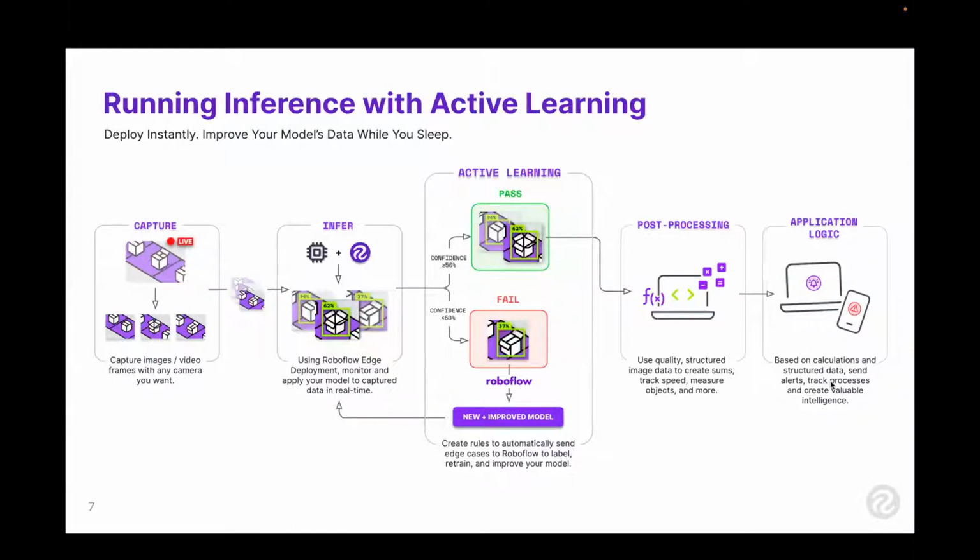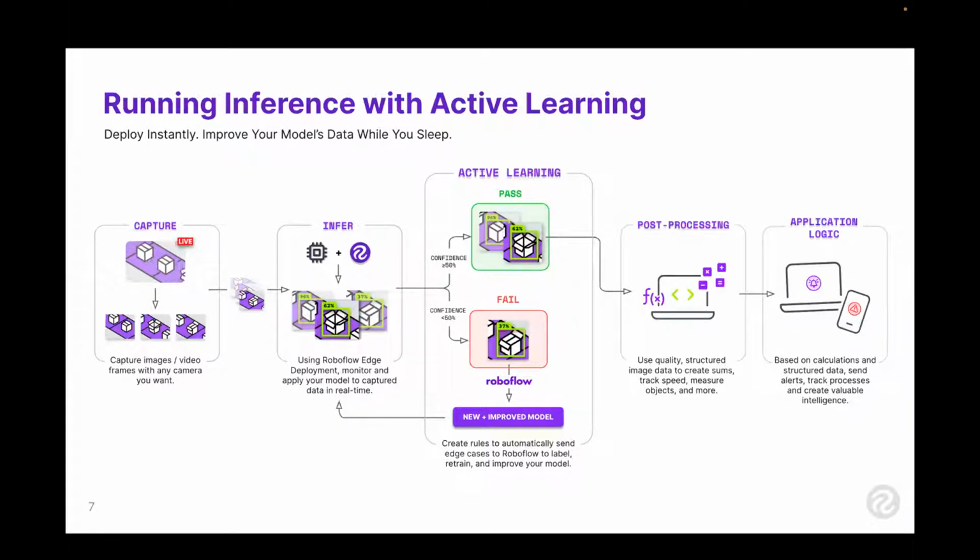And this is the last piece that I like to highlight, the active learning pipeline. Many people probably know what active learning is, but it's the ability to automatically improve your model over time. This is something we really lean into at Roboflow, right? You're capturing images, as you can see, and you're inferring them. And you're saying, okay, if this image is good, maybe you set a threshold of 50% confidence.